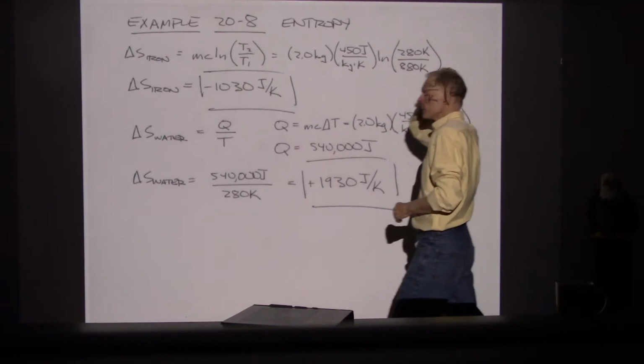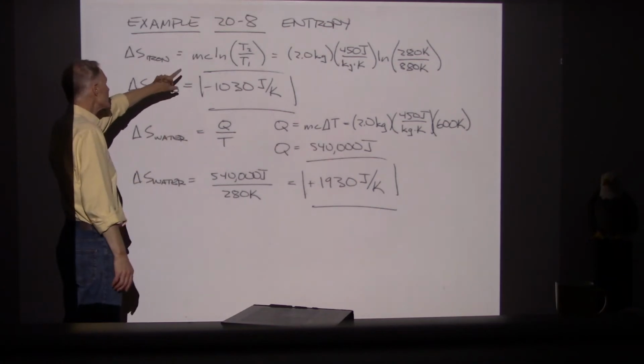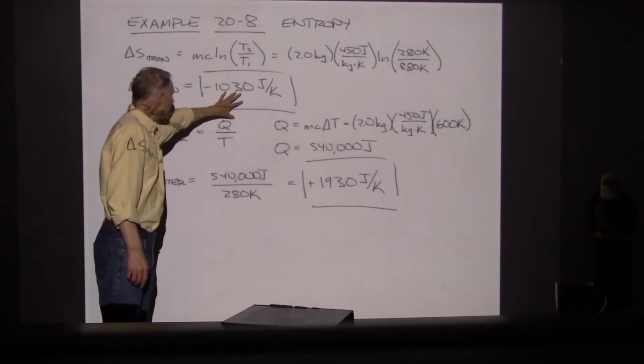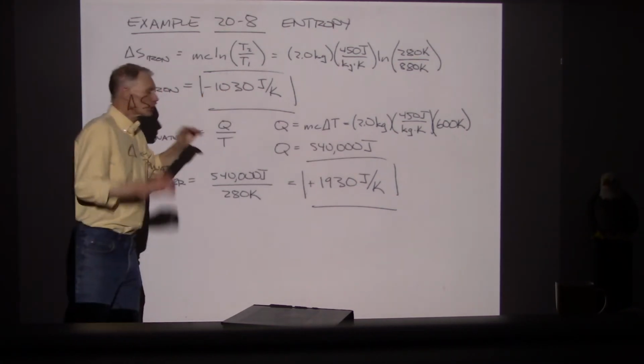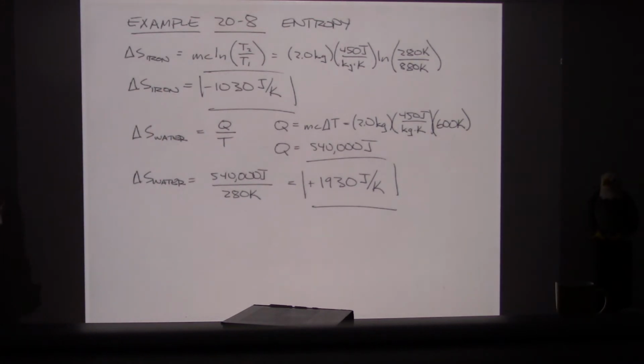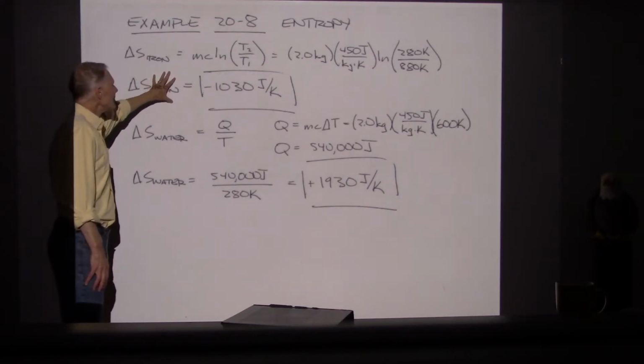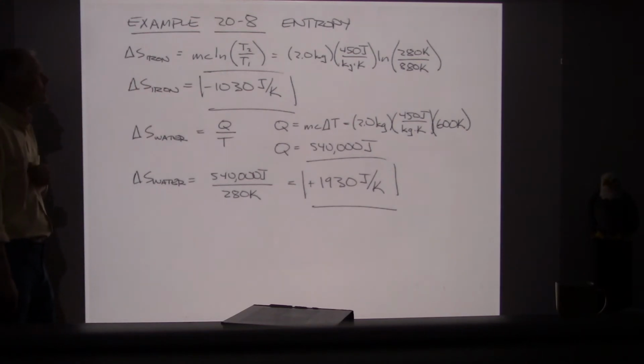Put them all in a calculator, and when the iron cools down a lot, it's a good sized piece of iron, the entropy of the iron drops by 1030 joules per Kelvin. Those are the entropy units. Okay, that one I'm feeling pretty good about. I think we accurately represented what's going to happen with the iron.